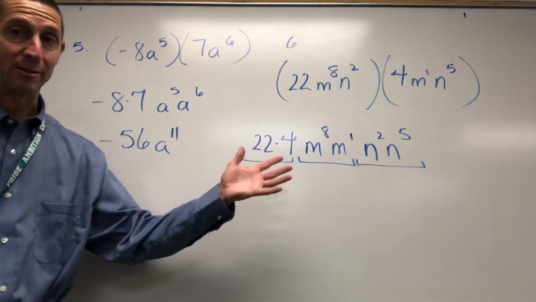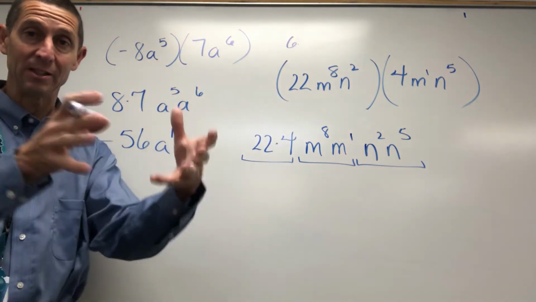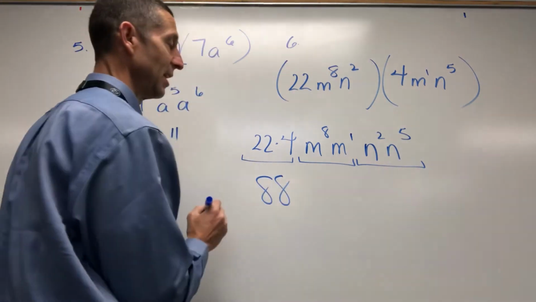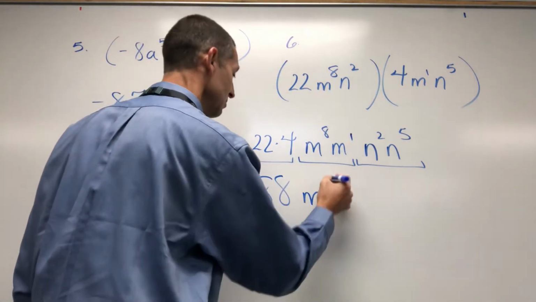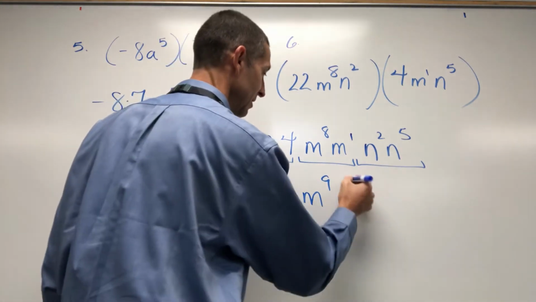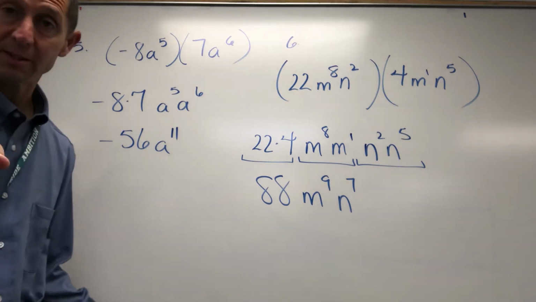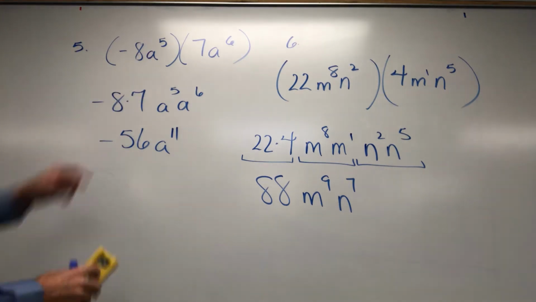Instead of giant problems, just break it into several little problems. 22 times 4, that's 88. Add my exponents, m to the 9th, n to the 7th. And there you go. Definitely one you will see again, number 5 and number 6.